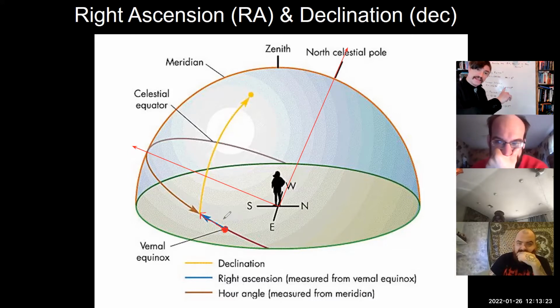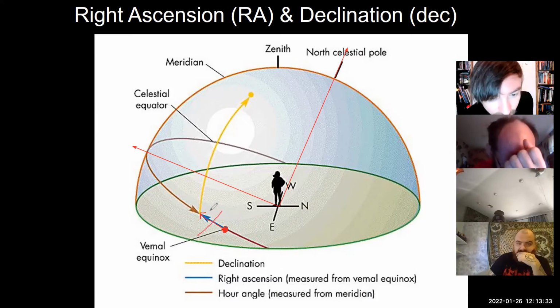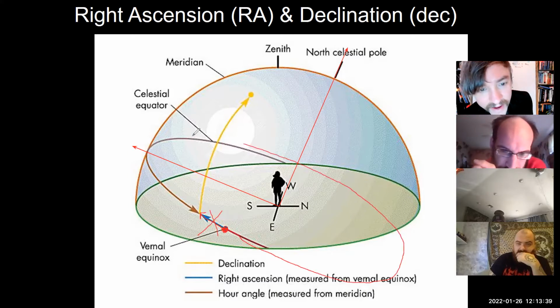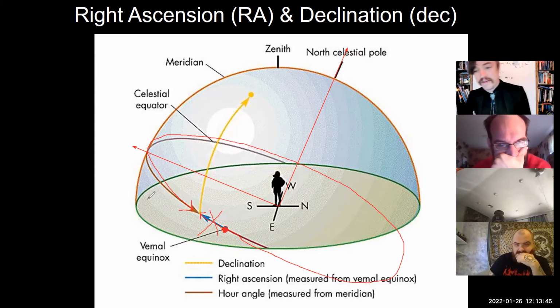Is that clockwise or counterclockwise? Yeah, that's clockwise from north. So they screwed up. The actual direction to measure right ascension would be all the way around, counterclockwise, because we measure right ascension eastward from the spring equinox. Easy to screw this up.